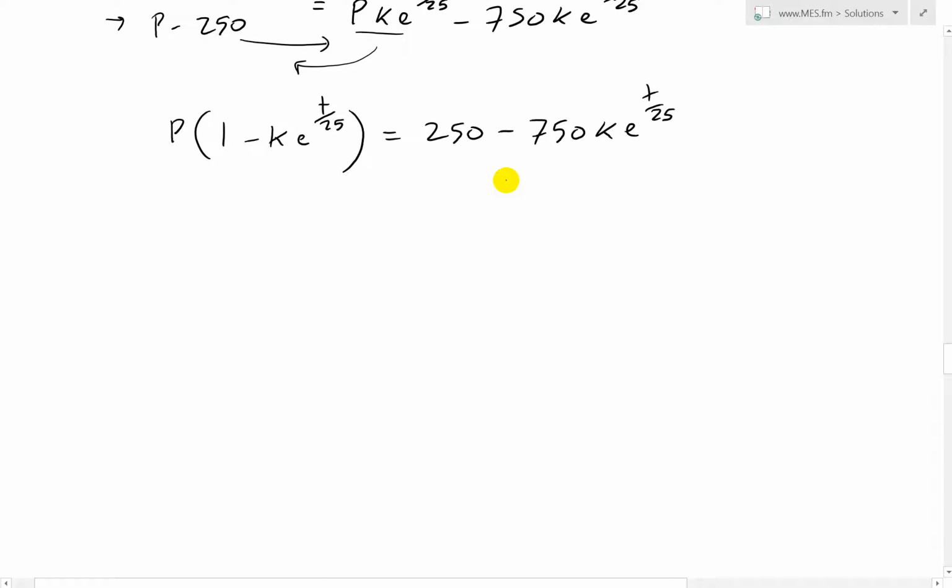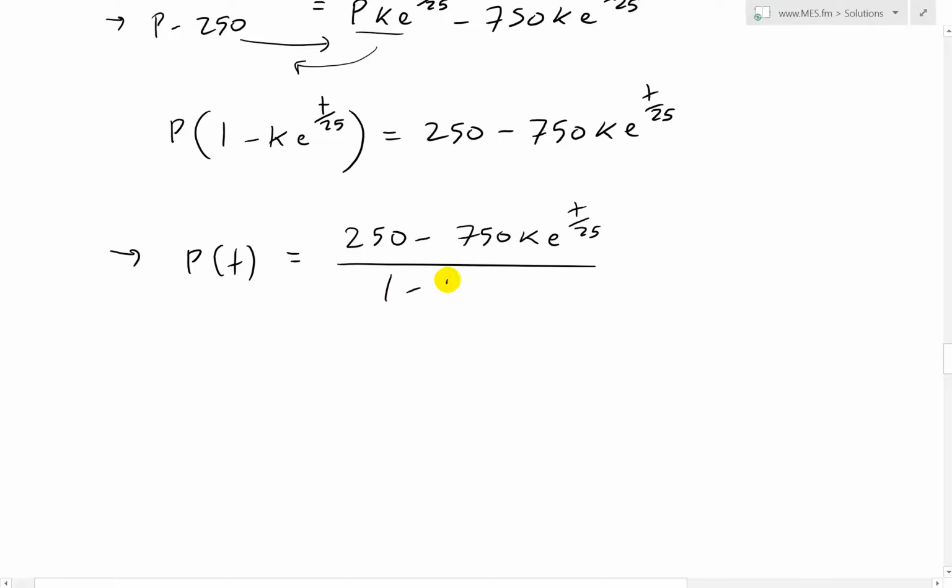Divide these out, and what we get finally is p of t is equal to 250 minus 750 k e negative t over 25 over 1 minus k e t over 25.